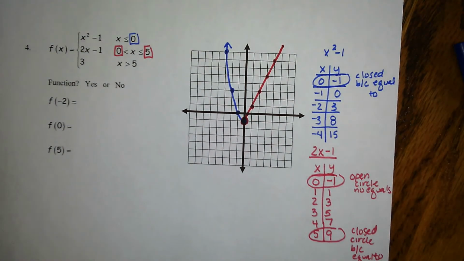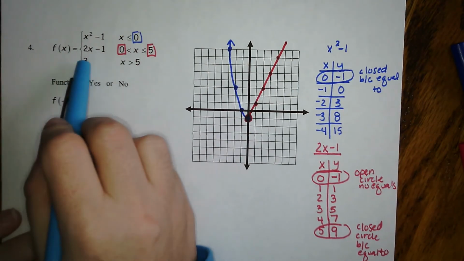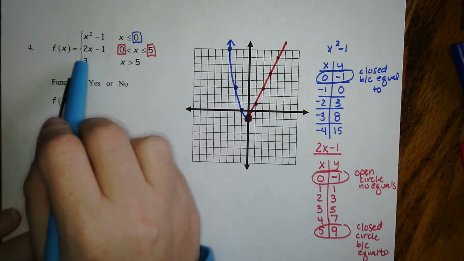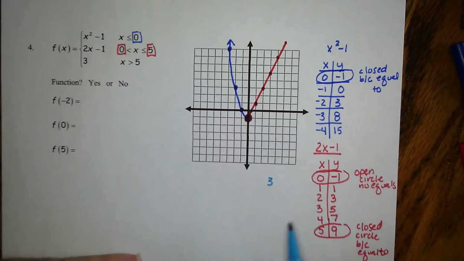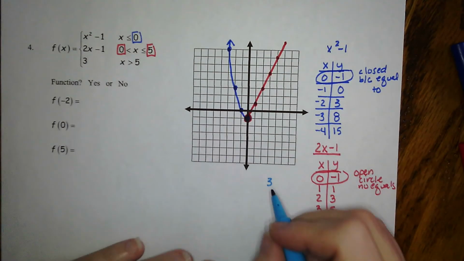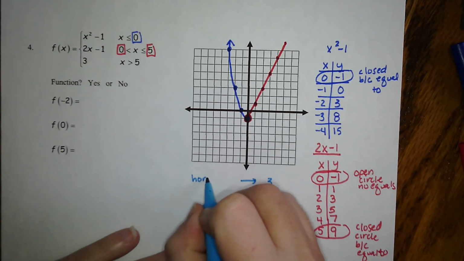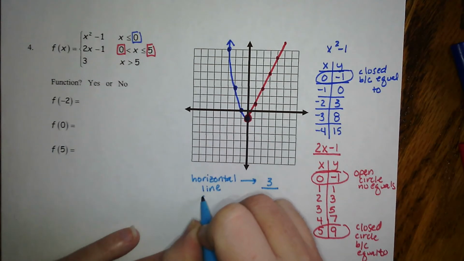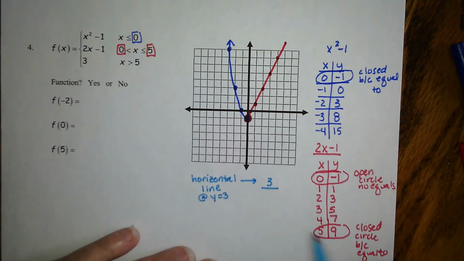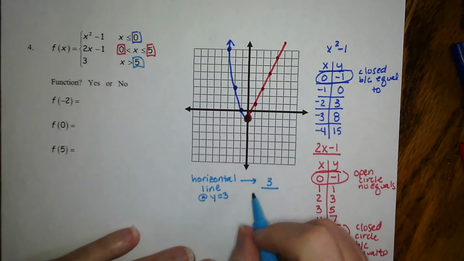And then we've got our last one. And our last one is 3. Literally just says 3. So this is y equals 3. Y equals 3 is a constant horizontal line. And they want values where x is larger than 5.